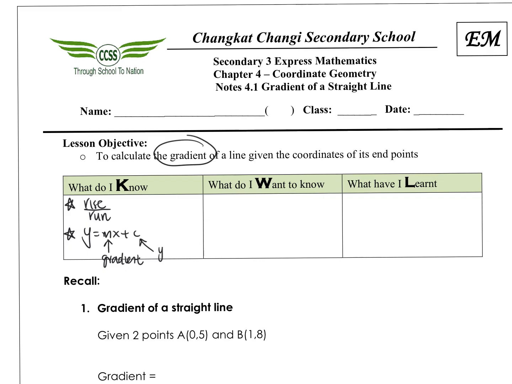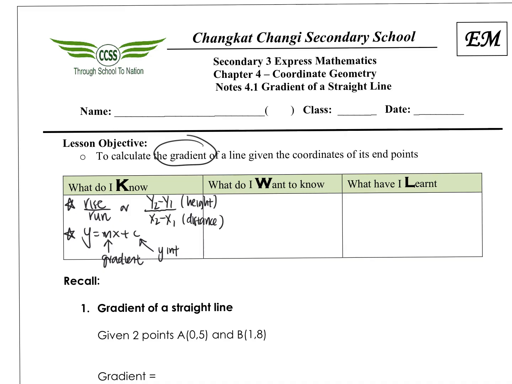This is the y-intercept. Okay, then there is another formula, right? y2 minus y1 over x2 minus x1. So you find the difference of the height over the horizontal distance.